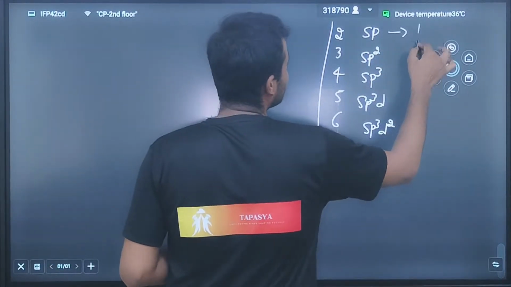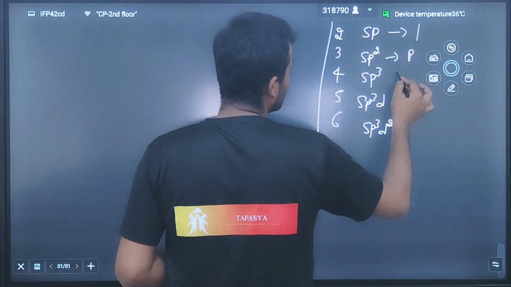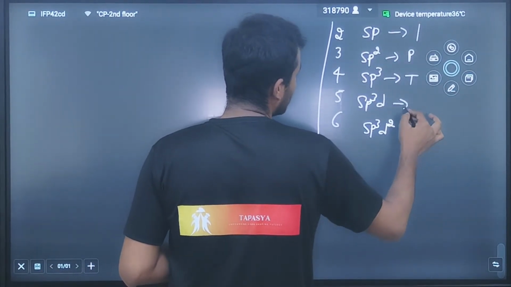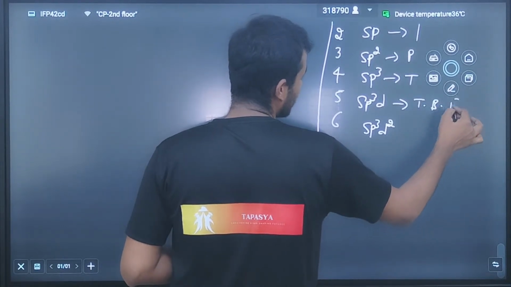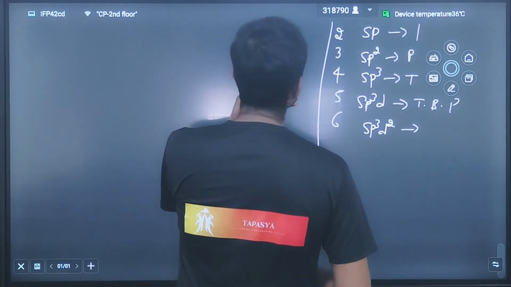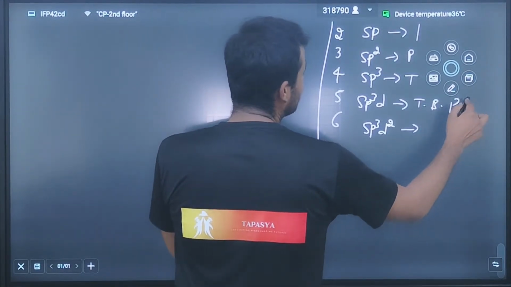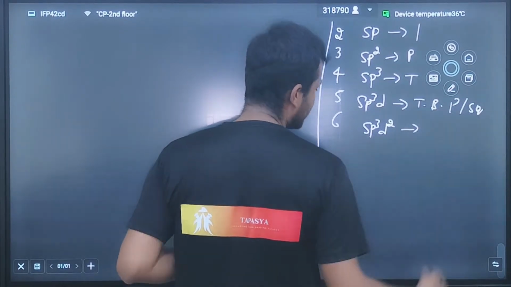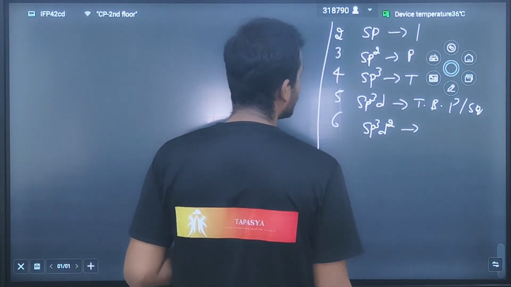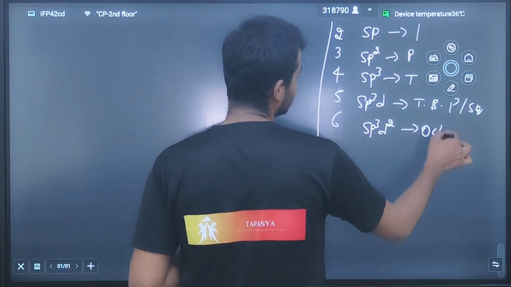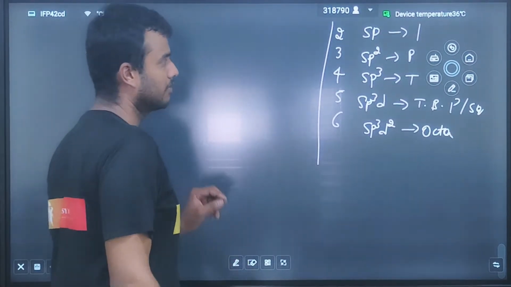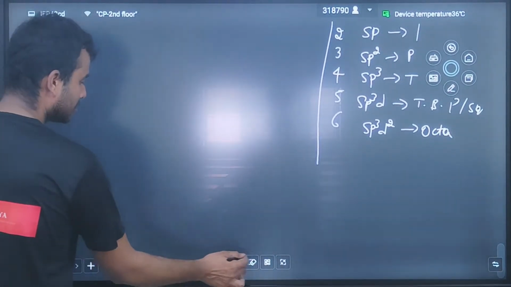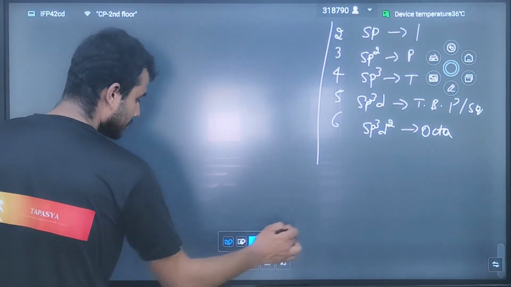Sp means linear shape, sp2 trigonal planar, sp3 tetrahedral, sp3d trigonal bipyramidal. Then sp3d2, what is the sp3d2? Octahedral. Okay, this order octahedral we have. Like here, my dear students, you must also know about that one.